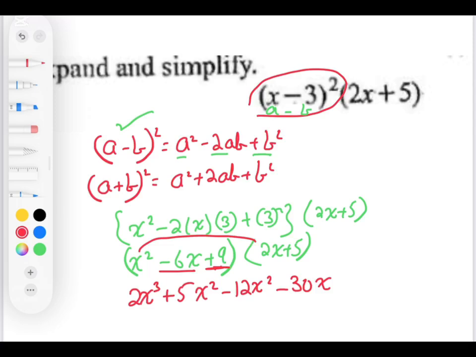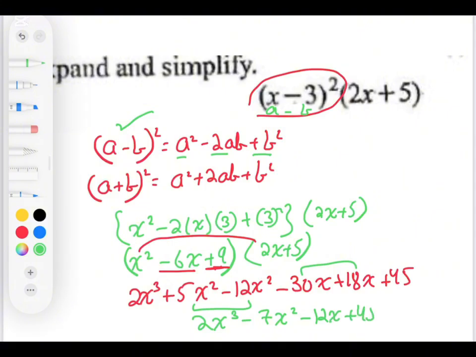Positive 9 multiplied by 2x will give us positive 18x, and 9 multiplied by 5 will be 45. So we can simplify these two terms and these two terms: 2x³ - 7x² - 12x + 45. So this will be our final answer of this question.